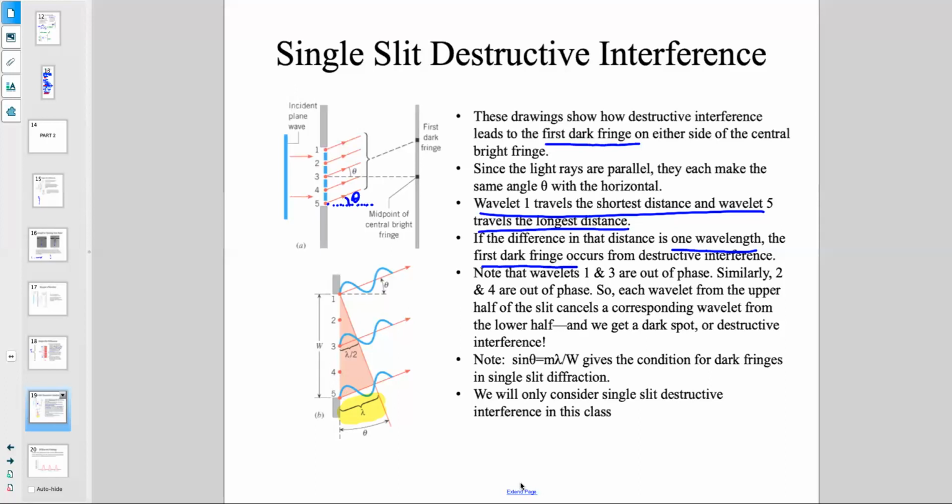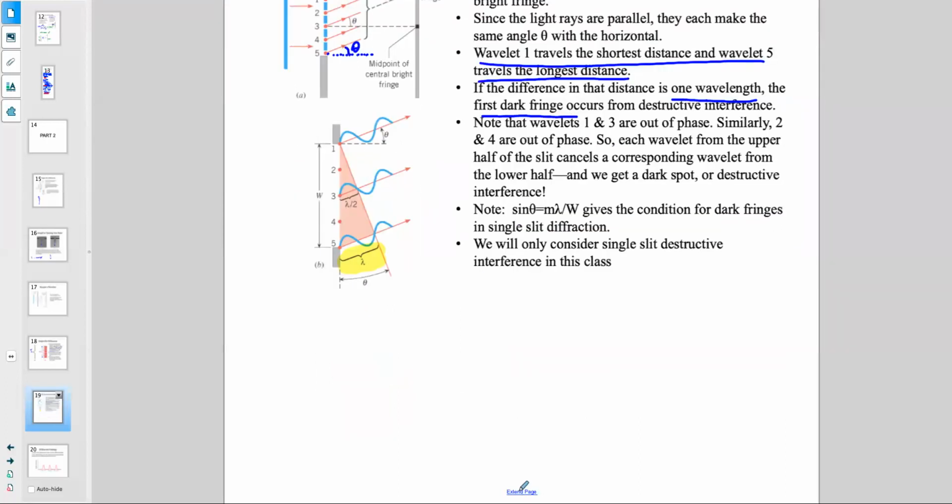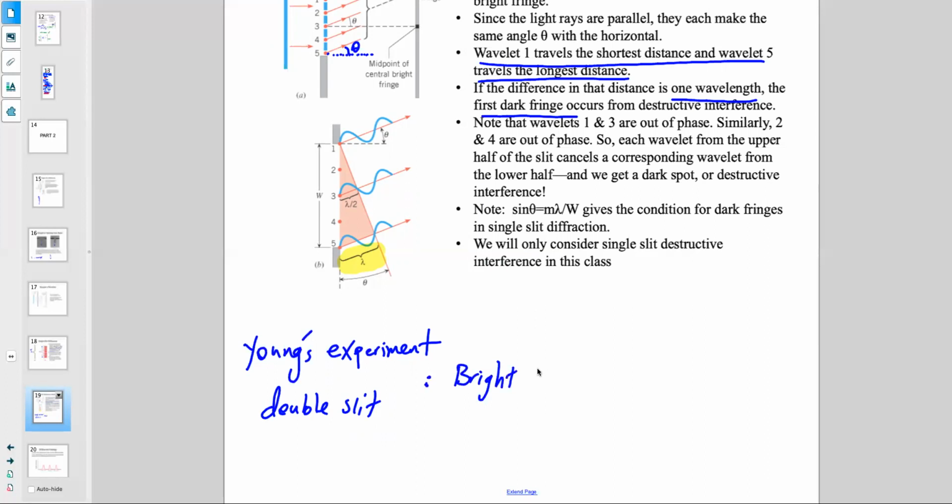Now, remember from our previous double slit or Young's experiment, what we have for bright spots is sine theta equal to m lambda over d, with m being 0, 1, 2, and so on.